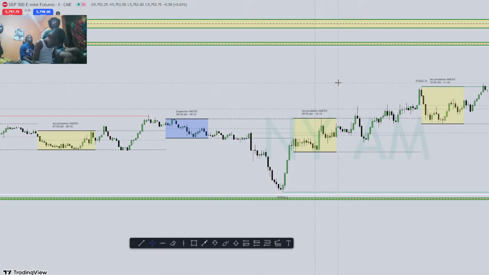So if I get a trade from here, where do you think my target is? Back to this one. A good trade. Usually we don't trade at 9:30. You trade at 9:50, 10:10. So you have to trade during that time.